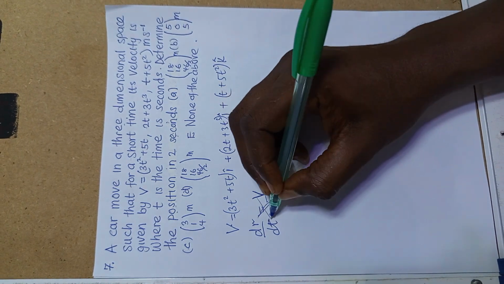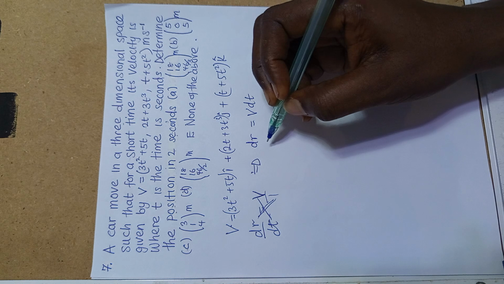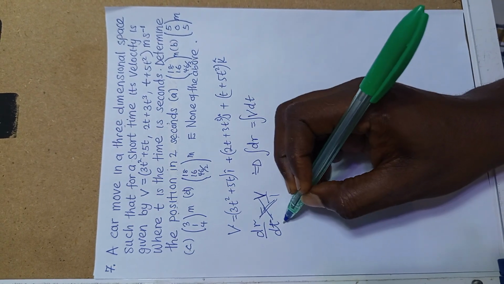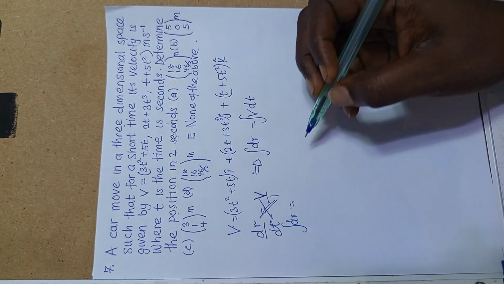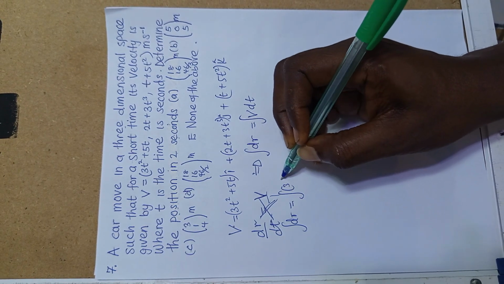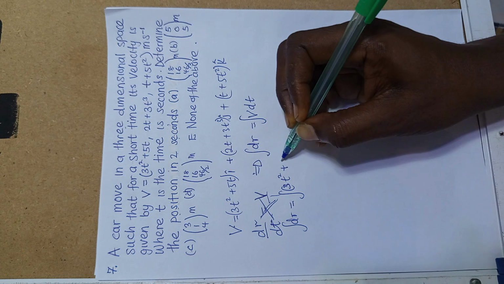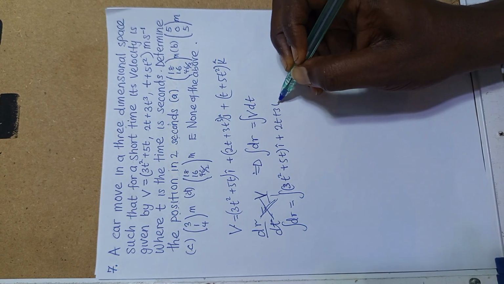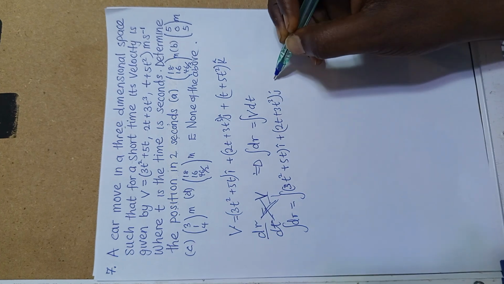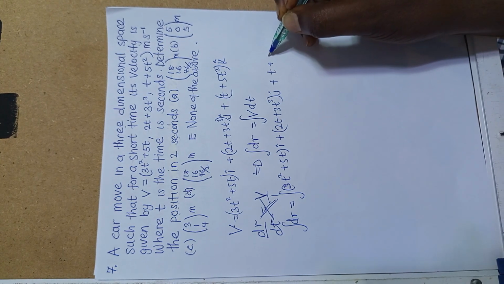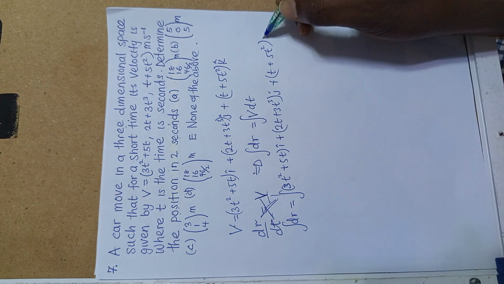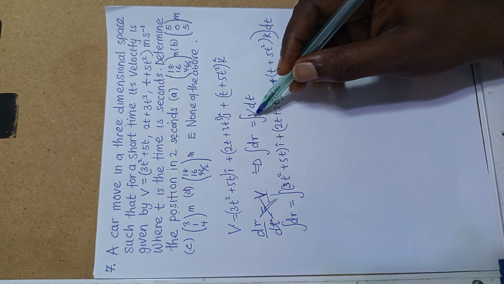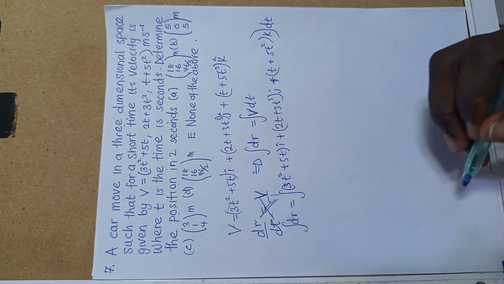So dr equals the integral of (3t squared plus 5t) i plus (2t plus 3t cubed) j plus (t plus 5t squared) k, all dt. For v, we replace it with all this.